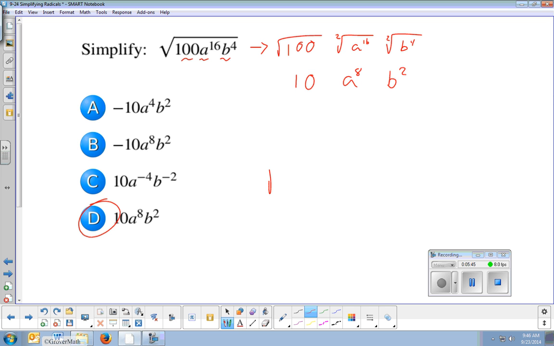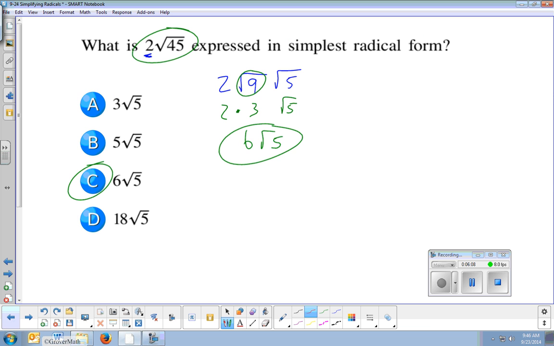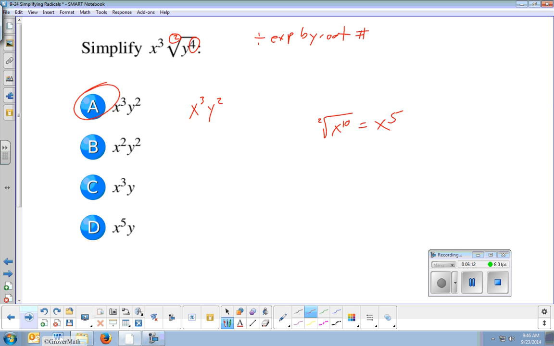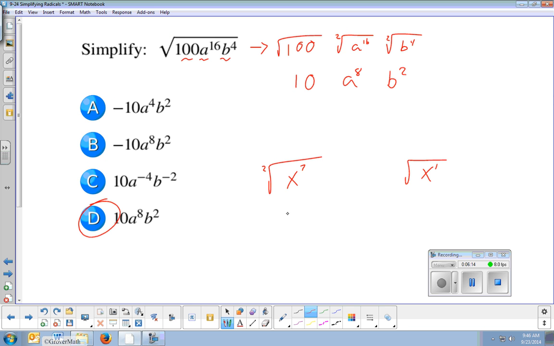When our exponents are odd, like say x to the 7th, that's slightly more challenging because I can't divide evenly by 2. What that means is I'm going to be left with 1 inside. I know this isn't the problem here, but I want to do this real quick on the video for you. So the square root of x to the 7th, just like how we split up something like 45 into 2 radicals, well, when our exponent's not even, you need to do the same thing.